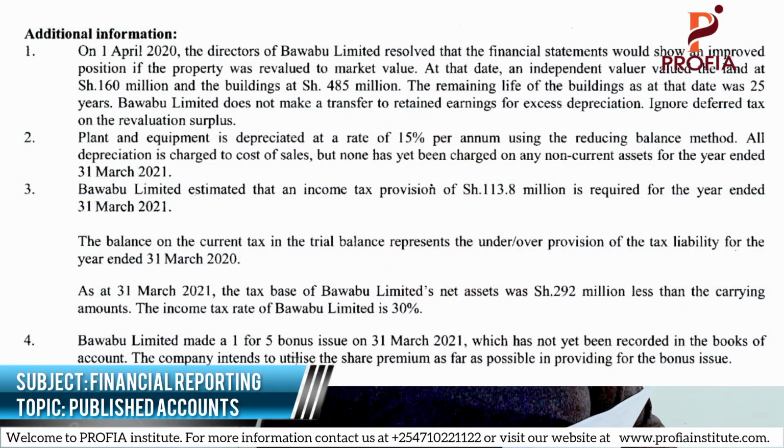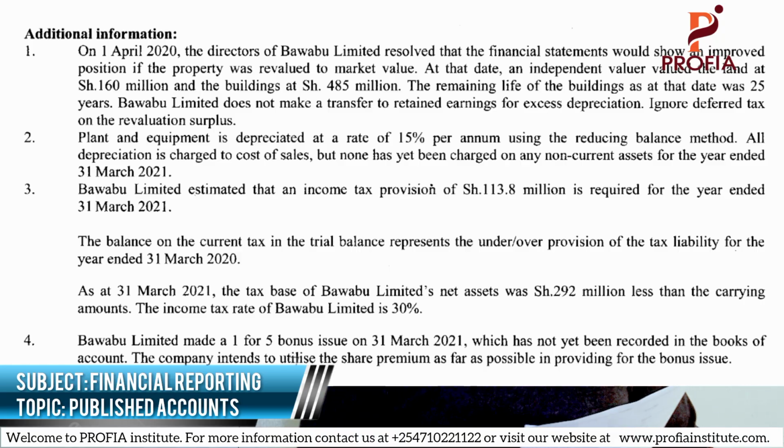The other thing is that Bawabu Limited estimates that an income tax provision of 113 million is required for the year end 31st March 2021. The balance on the current tax neutral balance represents an over or under provision of tax liability for the year.